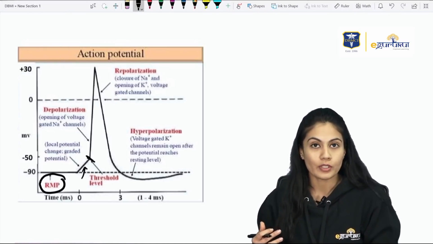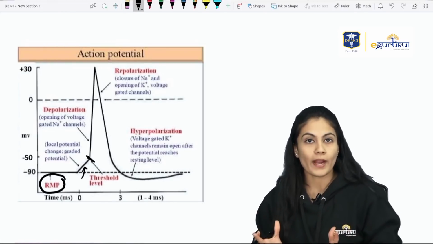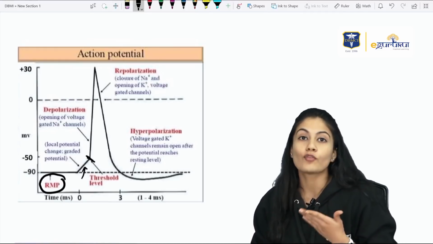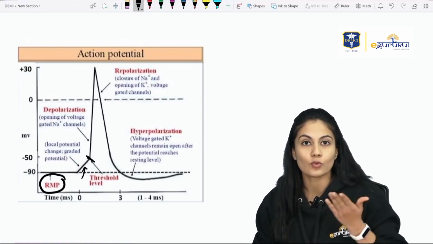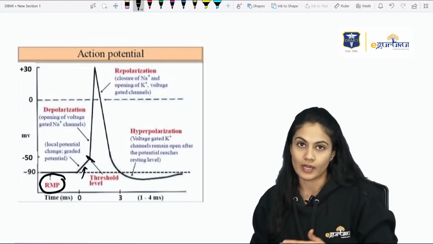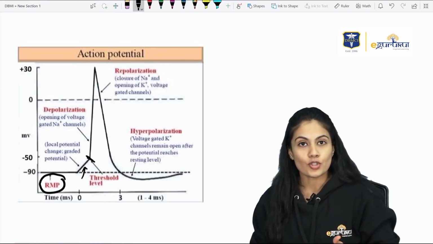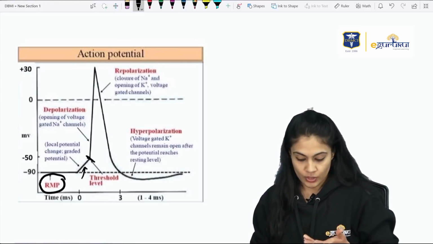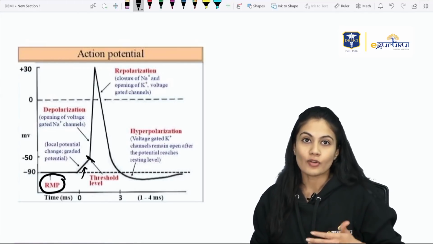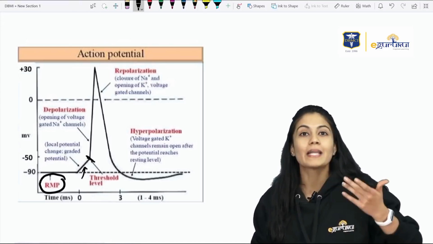As soon as they open up, that means they opened because of the threshold, that is the voltage. That's why the voltage gated sodium channels open up and cause depolarization. Polarization means negativity, which is maintained in the RMP. More negativity is repolarization or hyperpolarization.